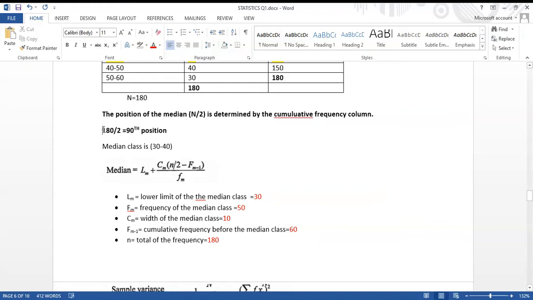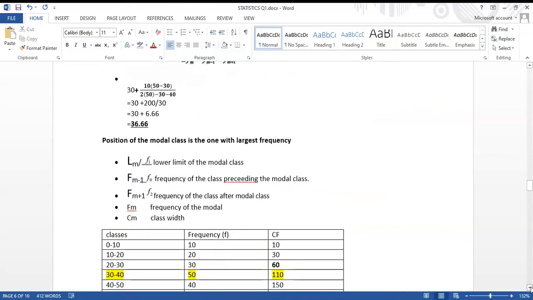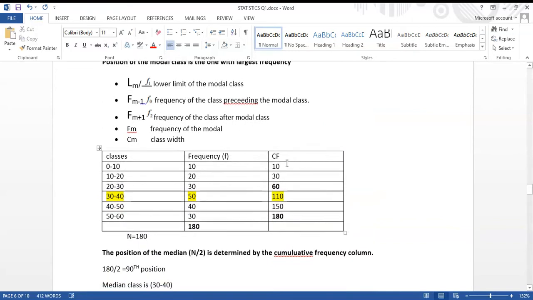I was logged off. How did you find the 180? We totaled up the frequencies, and it gives us 180. You always need to total up the frequency. So when you total up the frequency, you get 180.